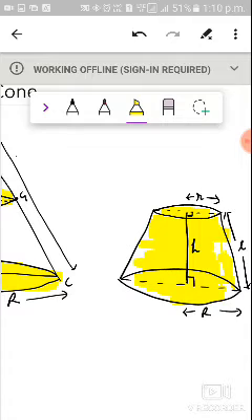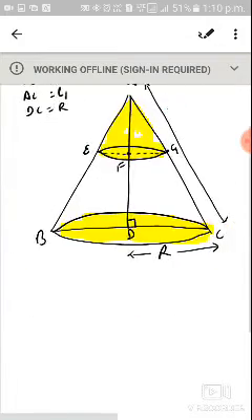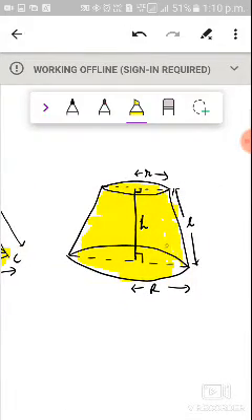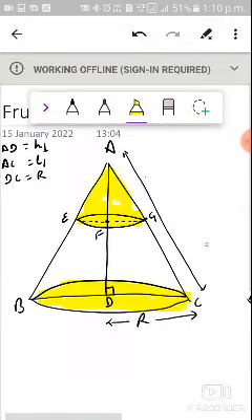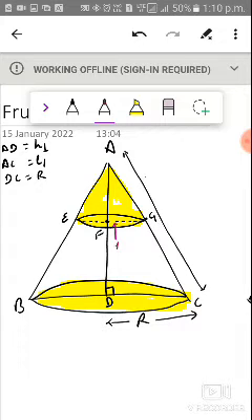Now see, this is a cone, and this is a frustum of a cone.